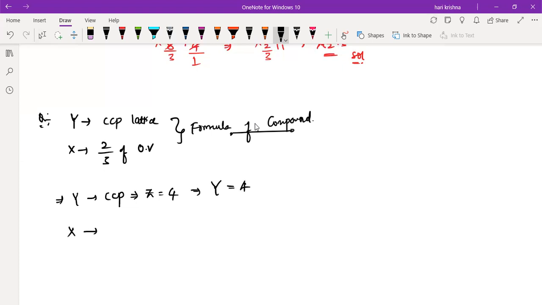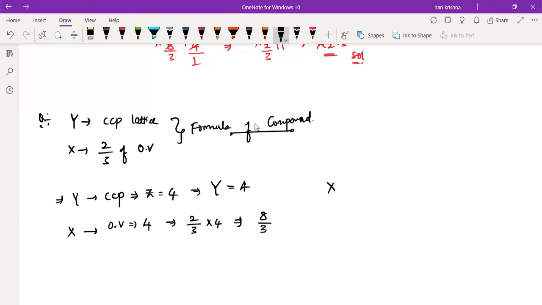Now X. If it's CCP, how many octahedral voids will be there? 4 octahedral voids will be there. But X is not occupying all the octahedral voids, right? It is occupying only 2/3 of octahedral voids. So 2/3 into 4 is 8/3.